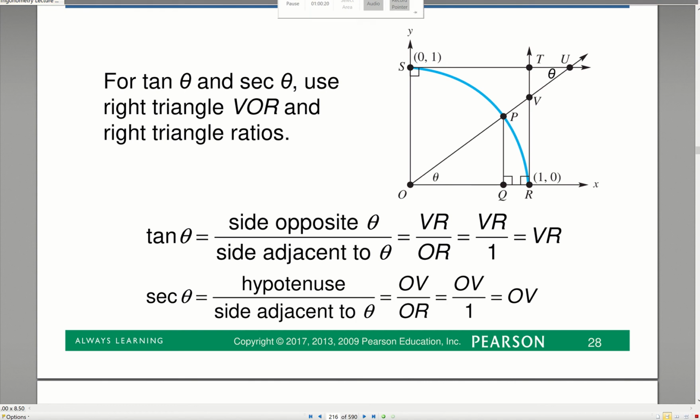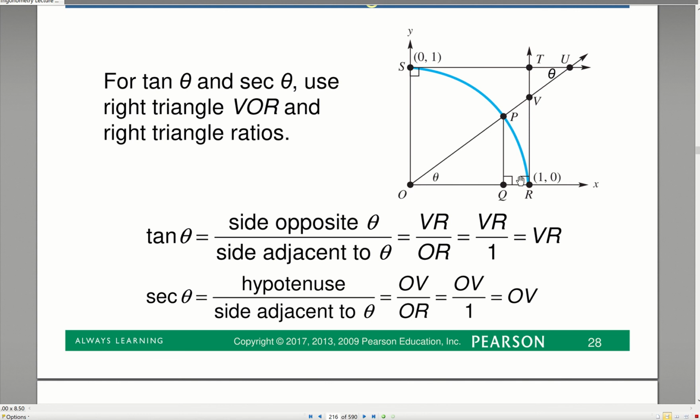Okay, I'm hoping that you have looked at them long enough to realize that the quality that all three of these triangles, OPQ, OVR, and OSU, have in common is that each of them has a side whose length is 1, and that's what makes this very clever. Notice in triangle OPQ, the side OP is 1.